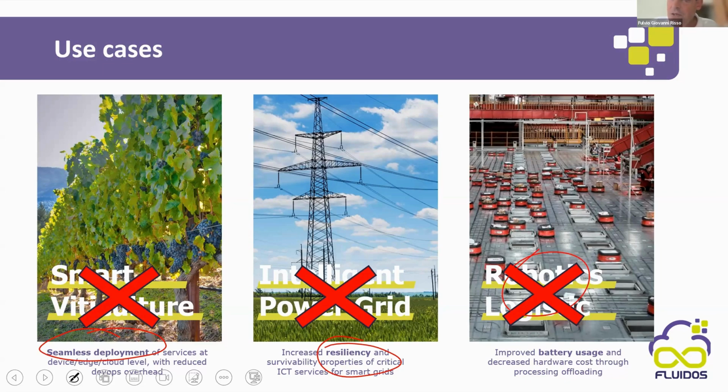Actually, our technology really improved the battery usage, and you can see the robots that last longer. So instead of working for 2 hours, they can work for 3 hours, which is a huge advantage for the guys there. So yeah, they are robots, but okay, the transparent continuum allows us to be more energy efficient.